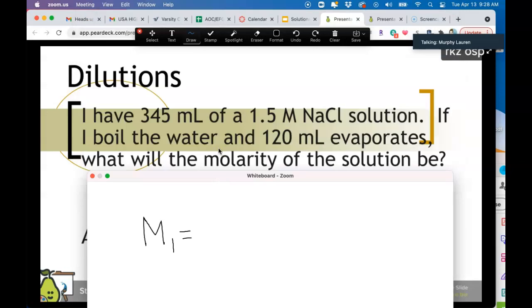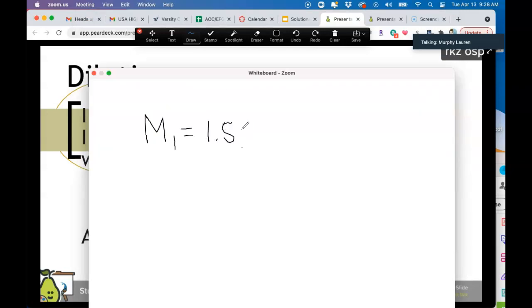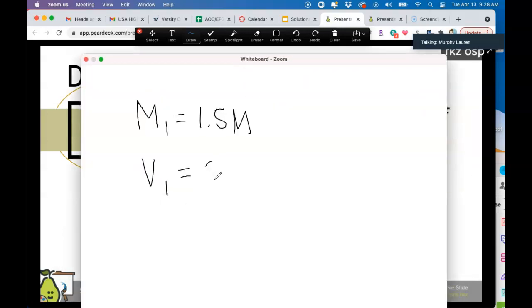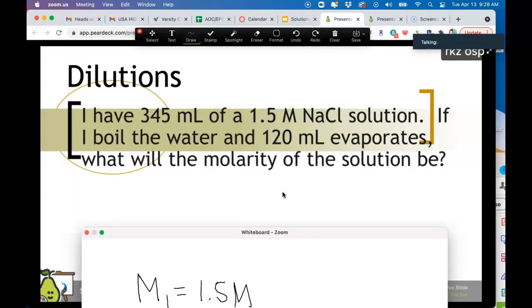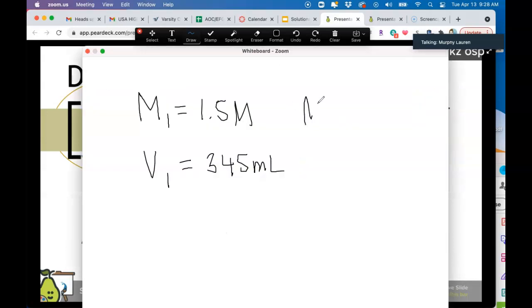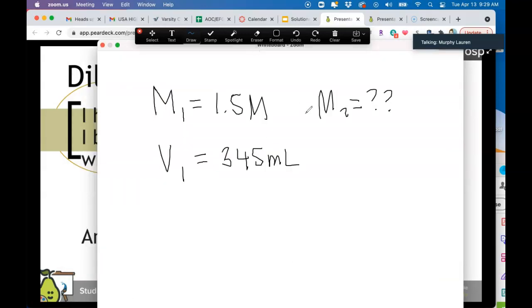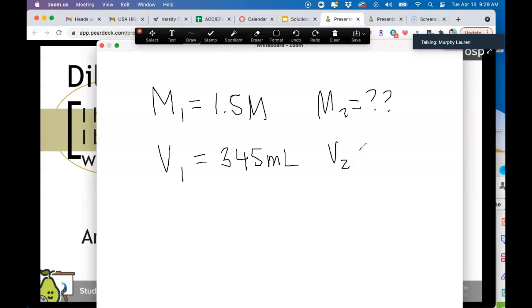M1 is 1.5 molar. V1 is 345 milliliters. It says they want the new molarity, so again, we're solving for M2. And 120 milliliters of the water evaporates. So what is my V2?